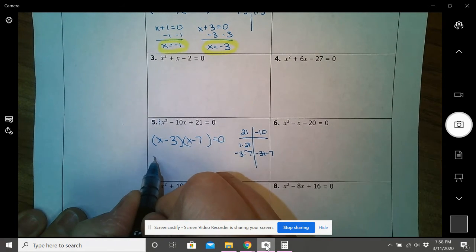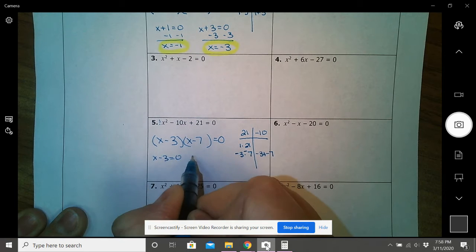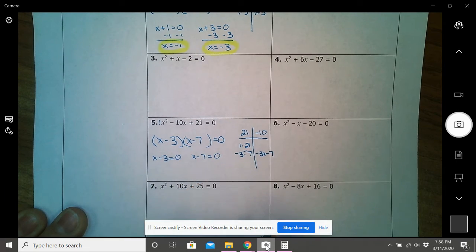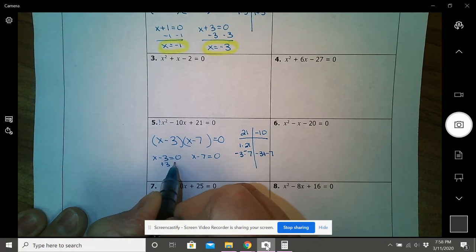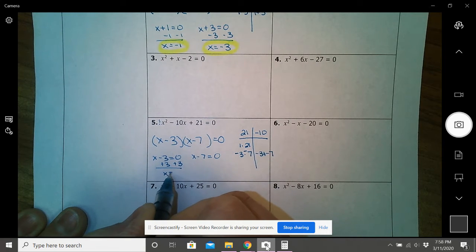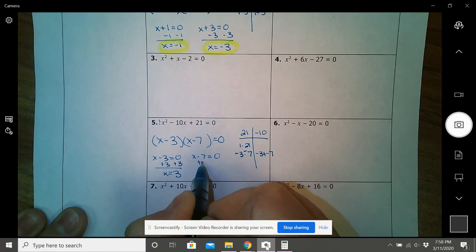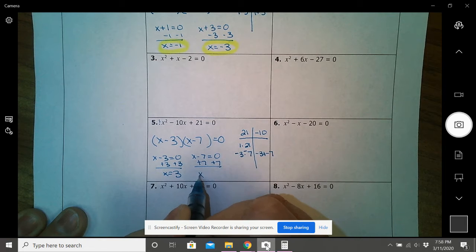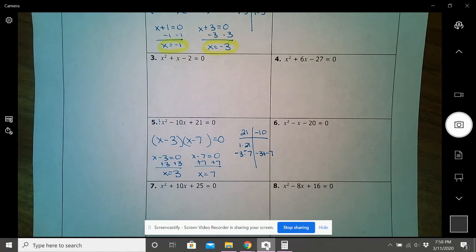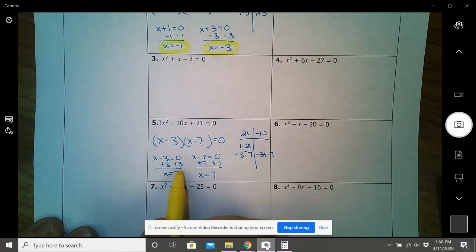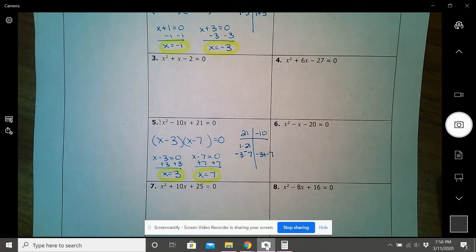I need to take each factor and set them equal to 0 and solve for x. So add 3 on the first one, x equals positive 3. Add 7 on the second one, x equals positive 7. It is so easy to check your work here, you would be crazy not to.